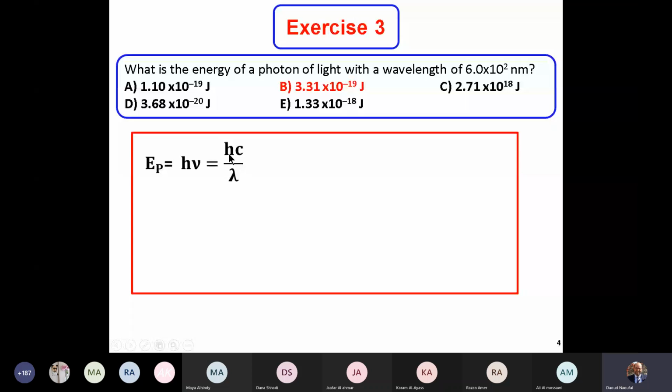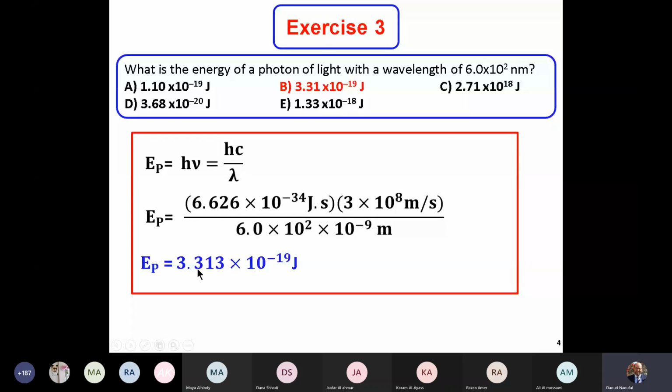So E equals 3.3 times 10 to the minus 19 joule, and the answer is B. Note that h and c are given in the exercise, and the conversion from nanometer to meter is also given.